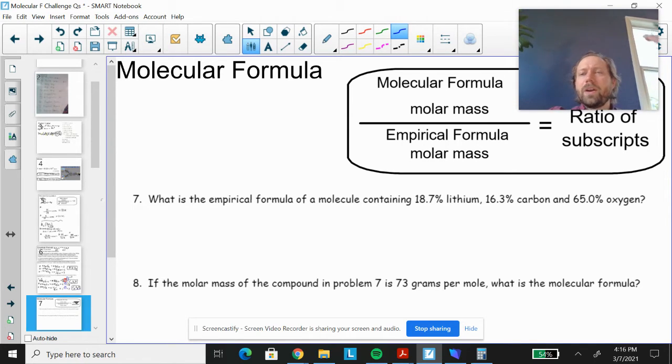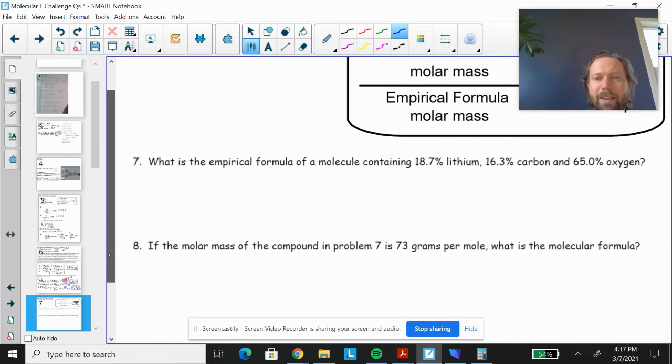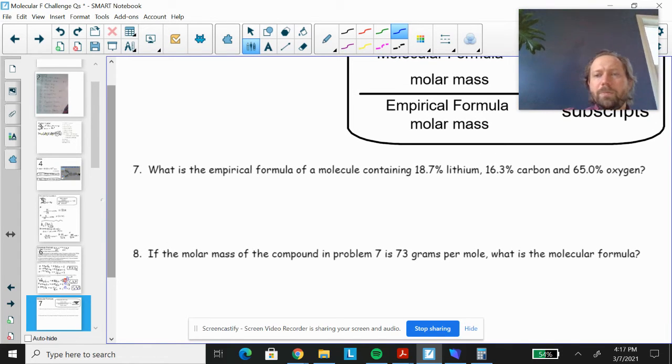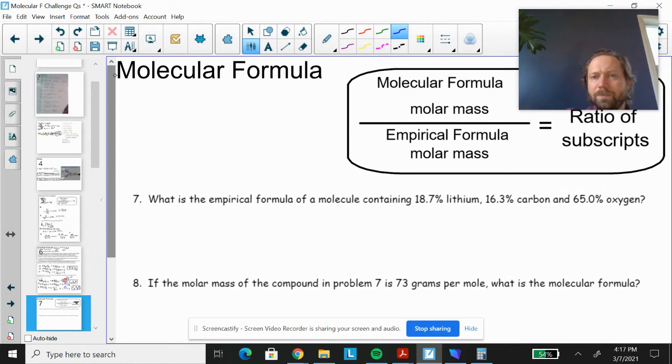You need to know what to do to get there. The first thing you have to do is figure out the empirical formula by percentages in this case, and then you figure out the molecular formula. So let's take a look.